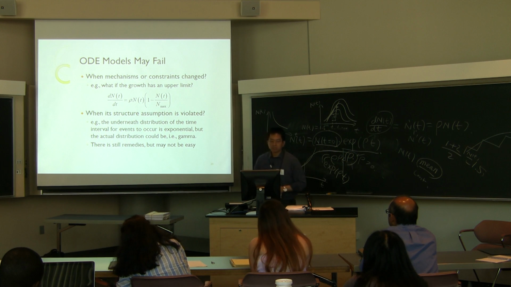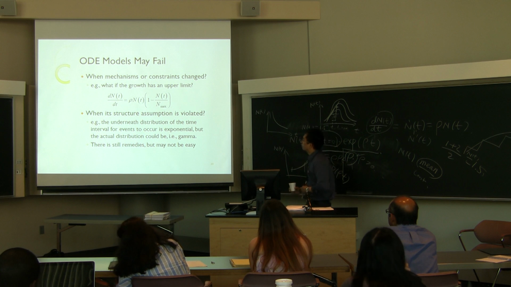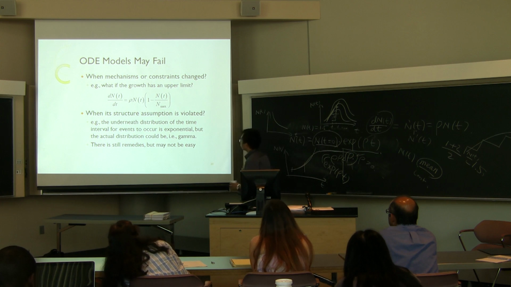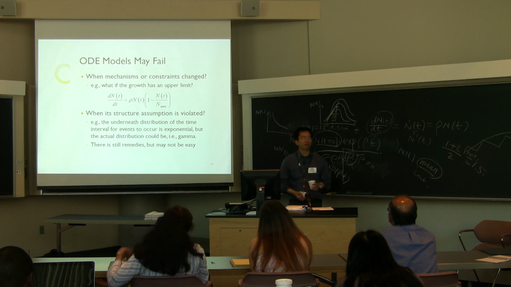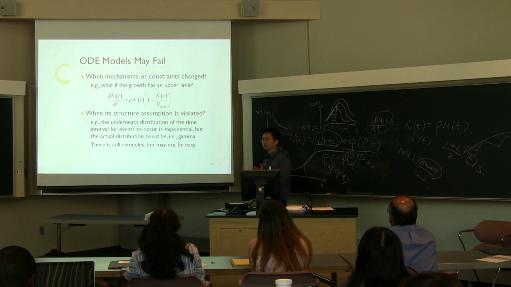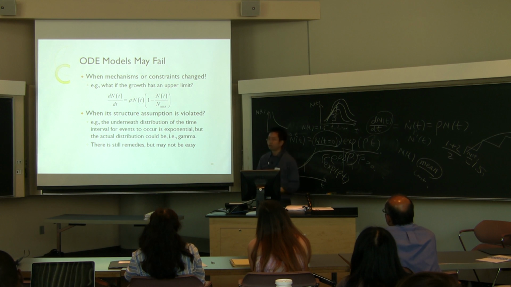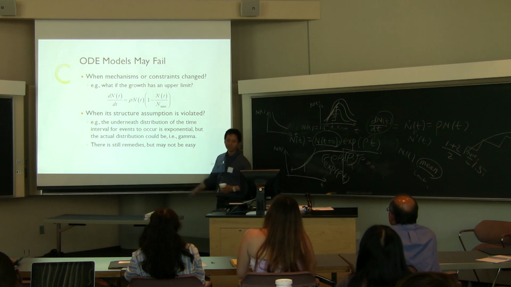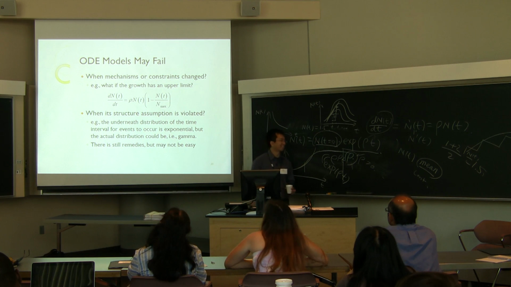The second one is a little bit tricky. Once you use the ODE model, you also make another assumption, not an assumption in your experiments or data, but an assumption in mathematics, and it's not easy to tell this implicit assumption.